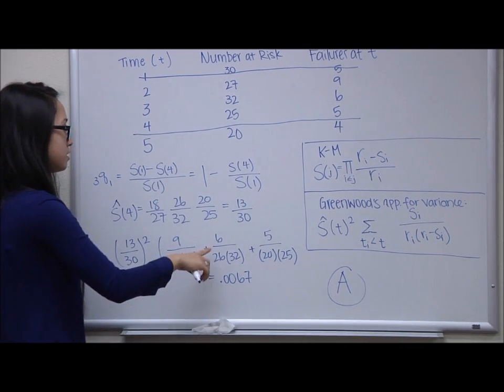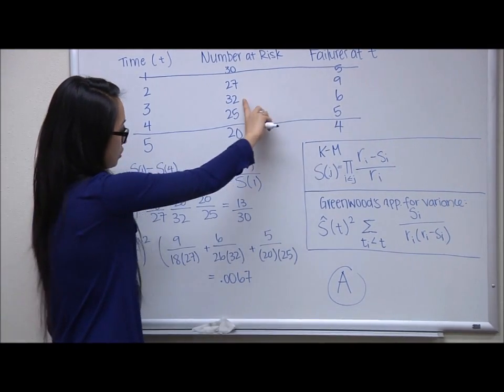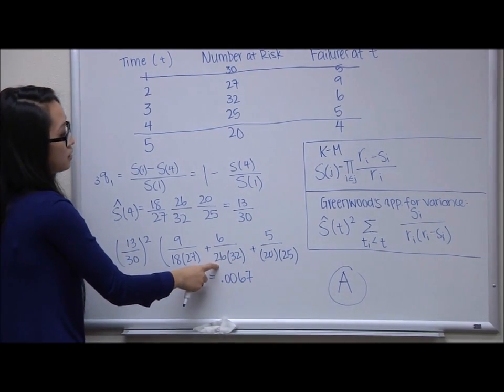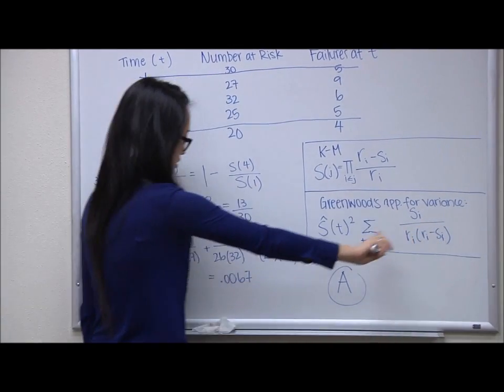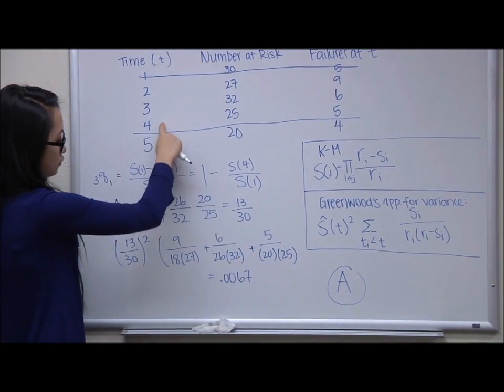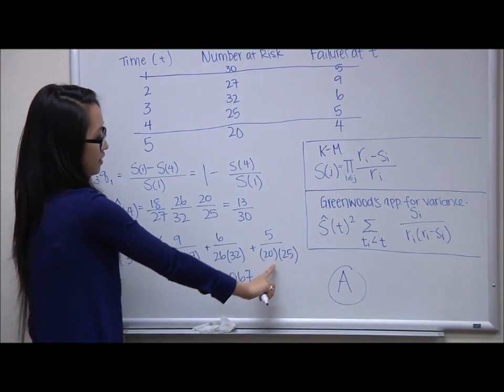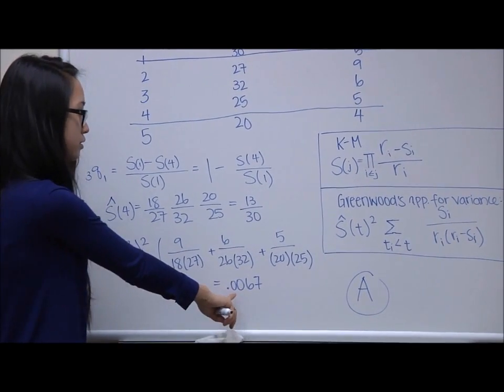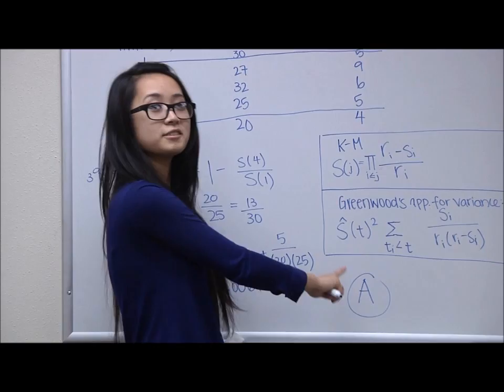And doing the same for this, you have 6 for failures, 32 for your risk set, and then 32 minus 6 for this section of the equation. And likewise for 4, you have 5, 25, and 20. And putting this entire thing in your calculator, you get 0.0067, which is answer choice A.